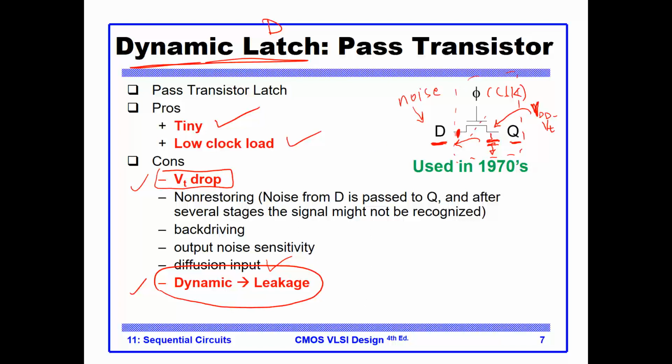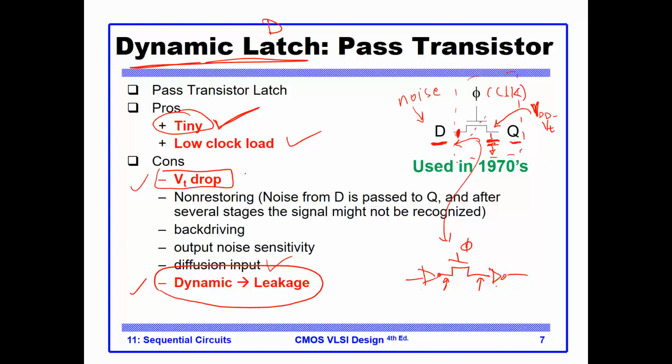That's why people sometimes try to fix this by having inverters like so, where you isolate the input diffusion and the output diffusion from the outside world. But now the advantage of being tiny is gone, because you have to increase the number of transistors.